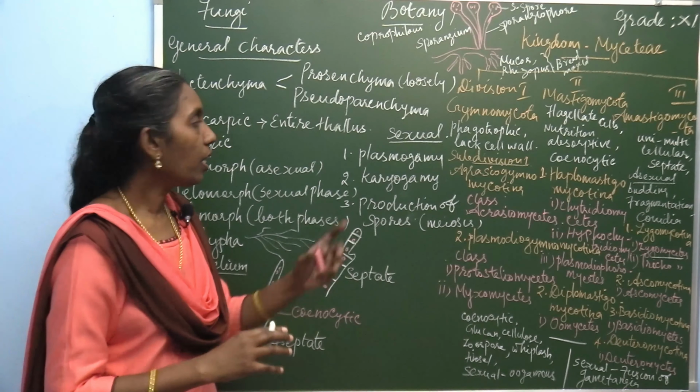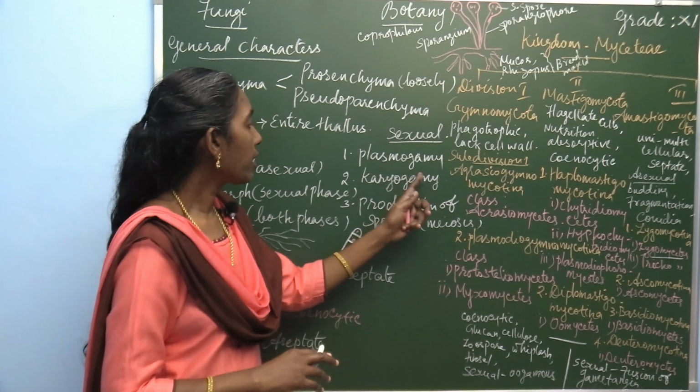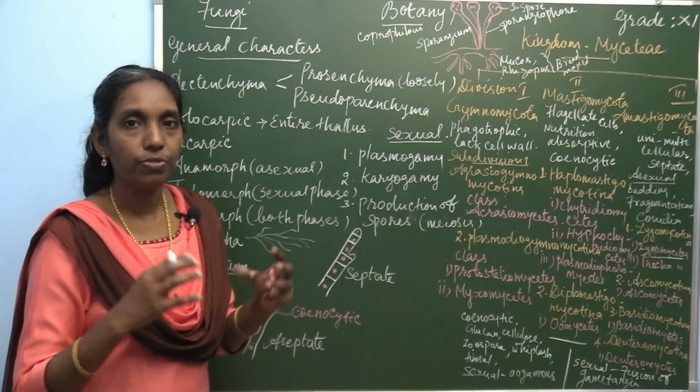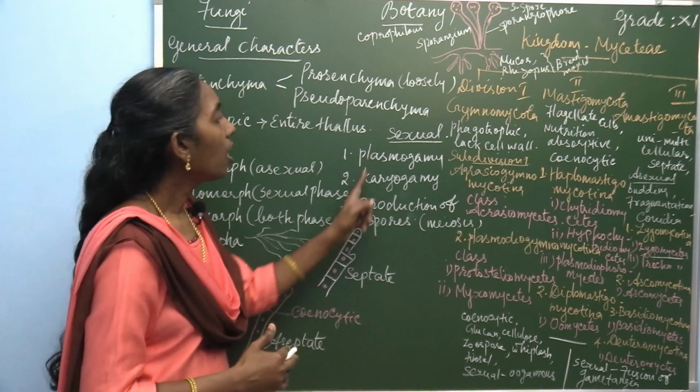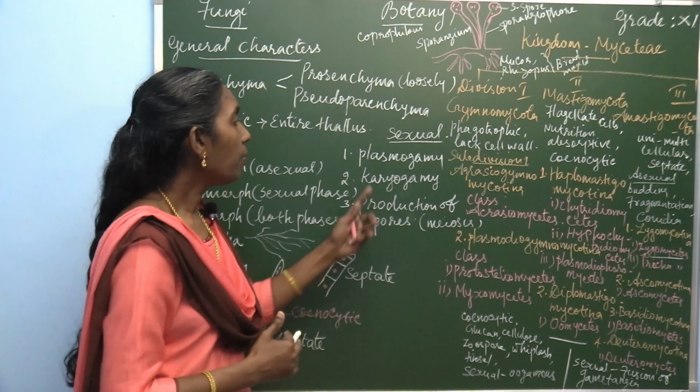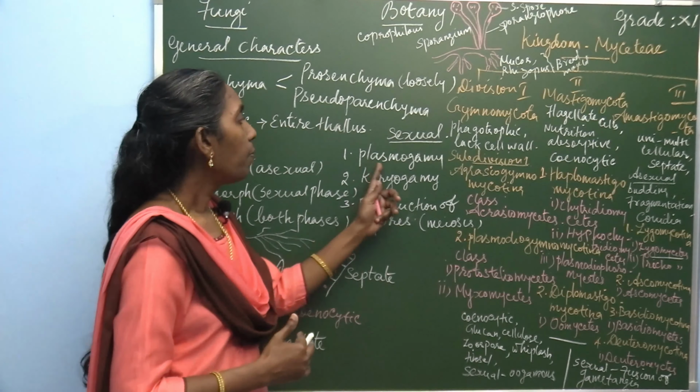Second is fusion of nuclei, called karyogamy. Third is production of spores by meiotic division. So sexually the fungus reproduces by plasmogamy, karyogamy, and production of spores by meiosis.